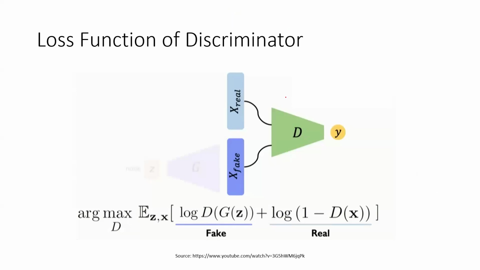When it comes to the discriminator loss function, it is calculated like this, where you get the x value and whether the x value is fake, which is where the z value is operated on by g, and it is calculated whether it is fake.